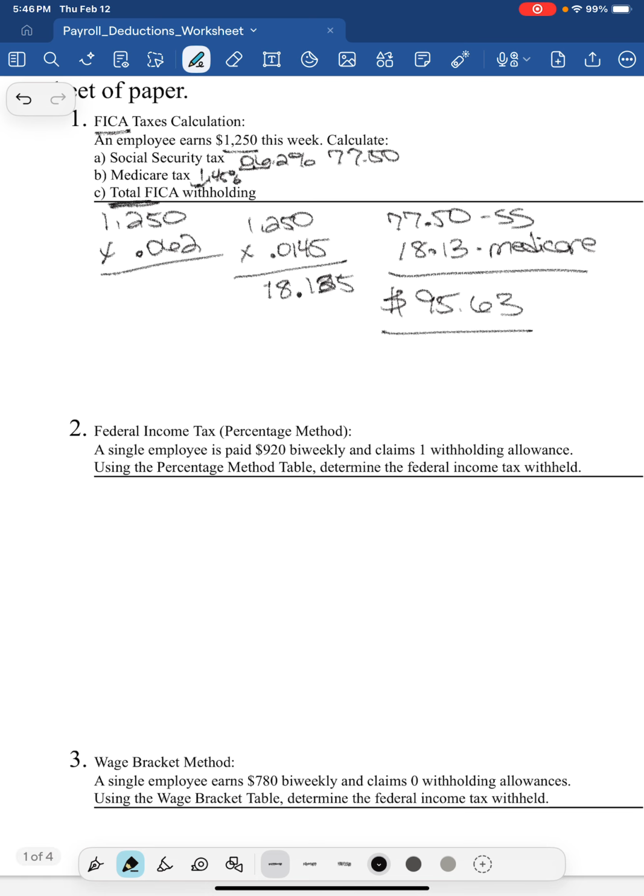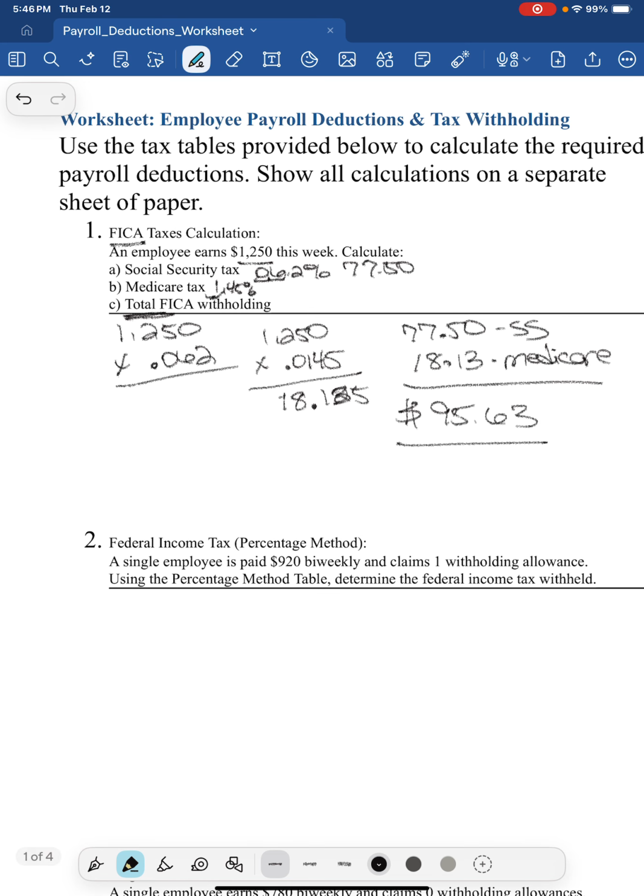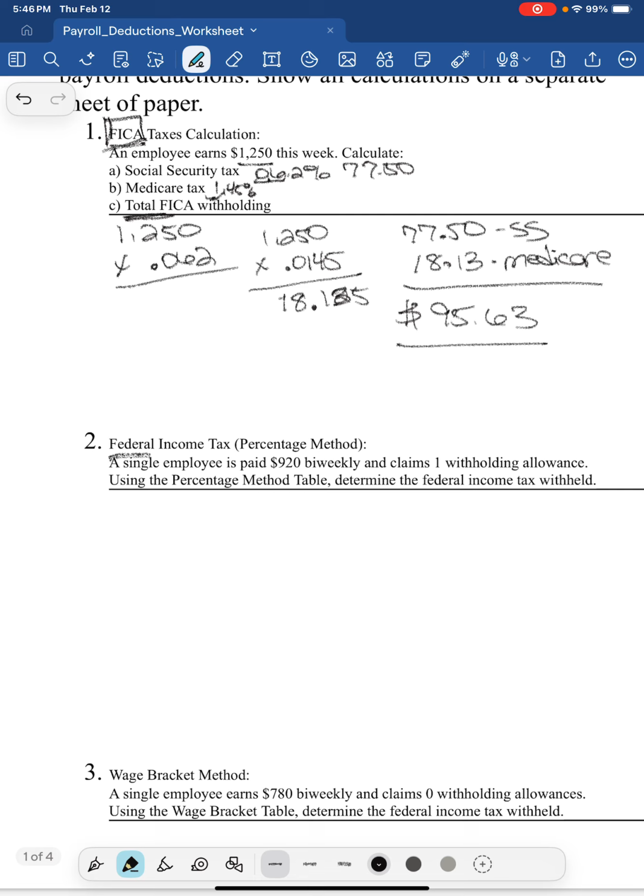Now we're going to look a little bit at the chart that is in your module. If you can maybe pull up your module while you're working on this worksheet, if you need to, hit the pause button and pull it up. There is a table that HR might use to show income tax withholding, because on top of your FICA, they also take out income tax out of every check, right? We're used to that.